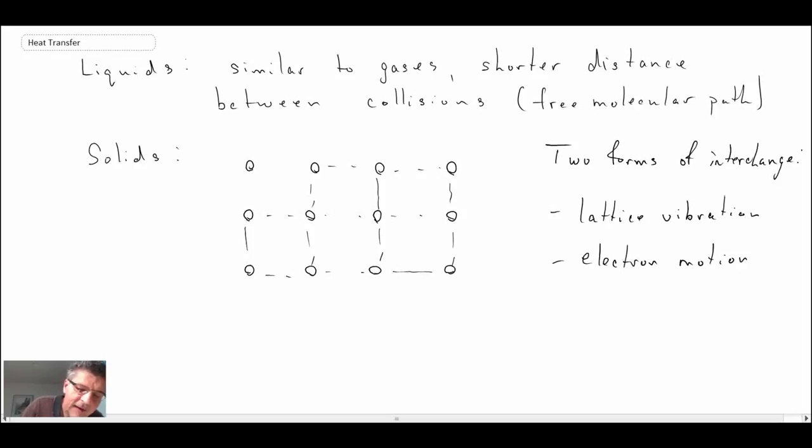And in the case of electron motion, each of these atoms or molecules can have free electrons that move through the solid. Those can also provide a form of energy exchange. And given that we're talking about electron motion, with the idea of a conductor versus a non-conductor, there's actually a relationship between electricity flow and heat transfer.